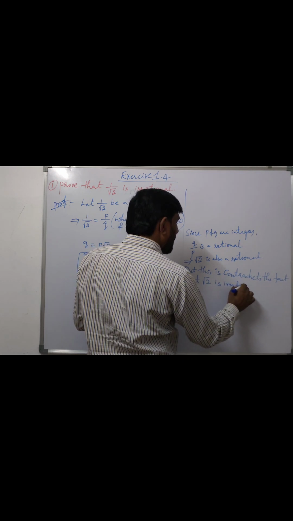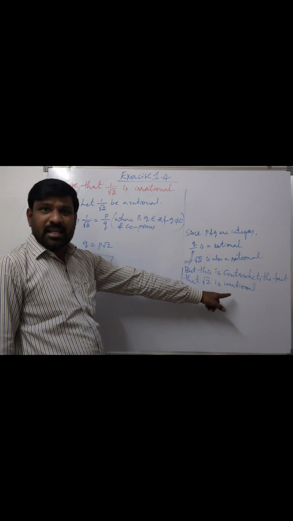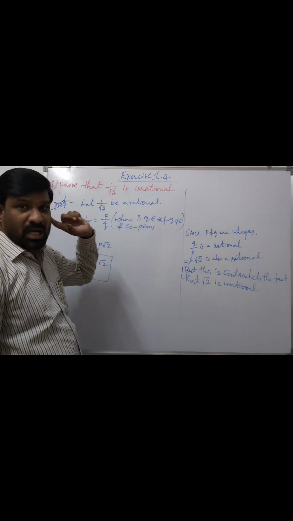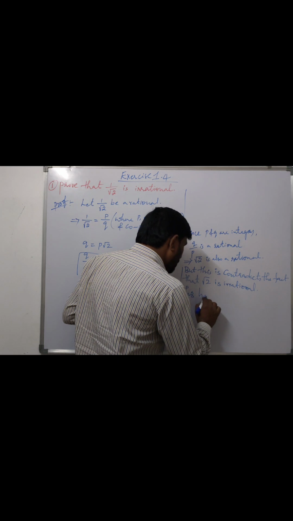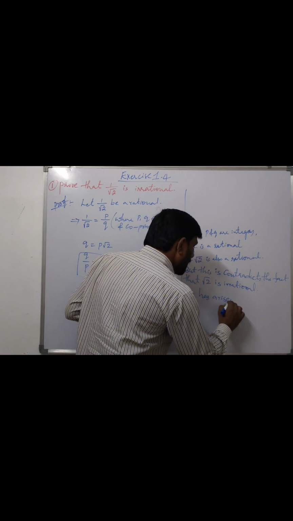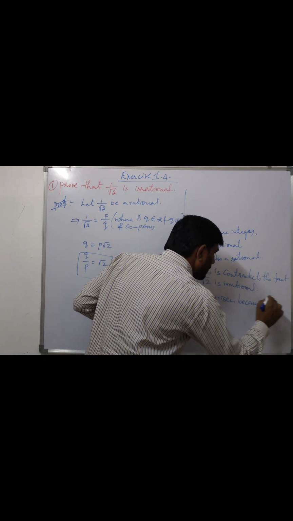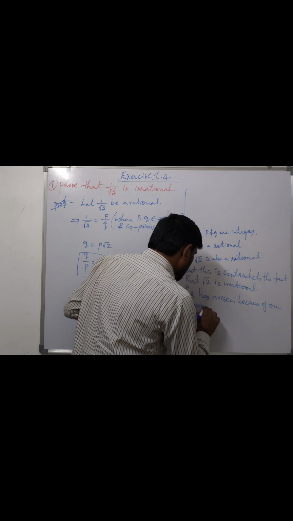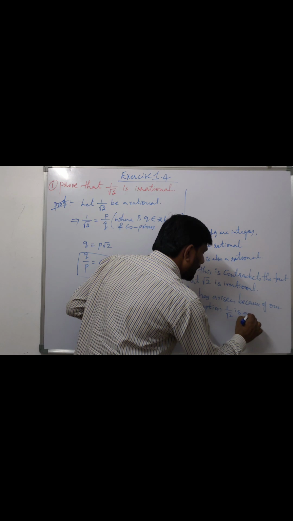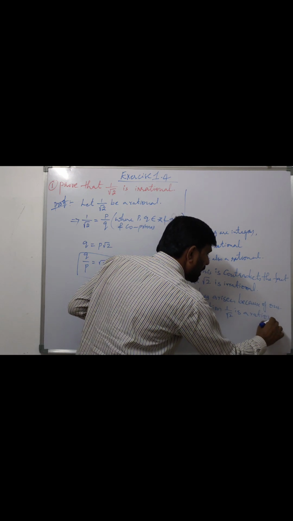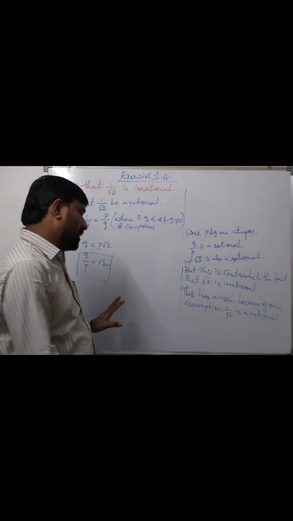Why has this contradiction arisen? Because of our wrong assumption. Clear? This has arisen because of our assumption that 1 by root 2 is rational. So what is right? 1 by root 2 is not a rational number is our conclusion.